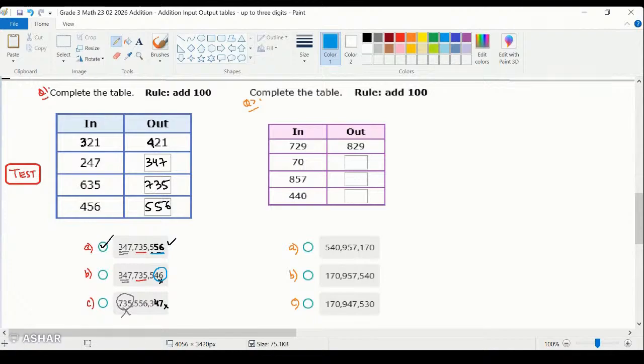The rule is the same. Add 100, 170, 957, and 540. 170, 957. This is 947, which is not possible. Option B. Okay.